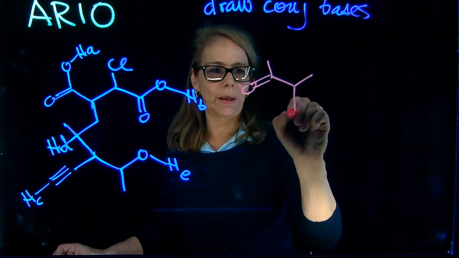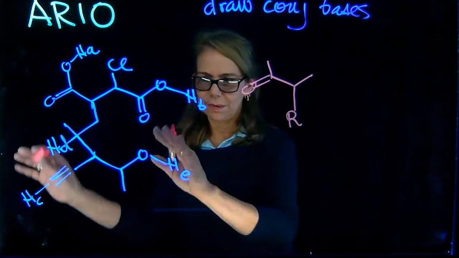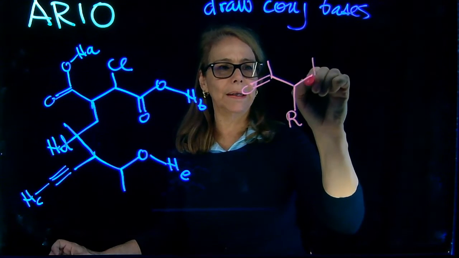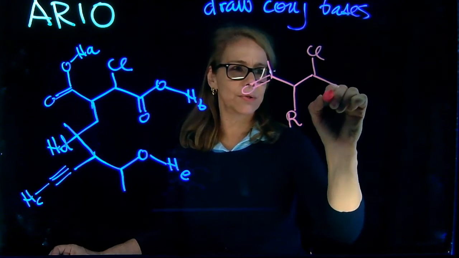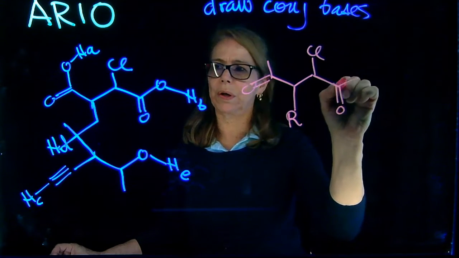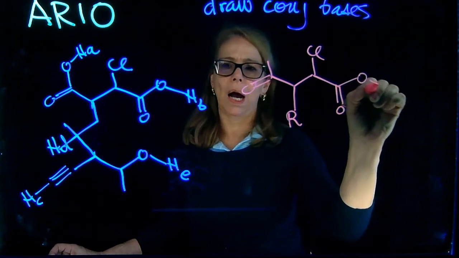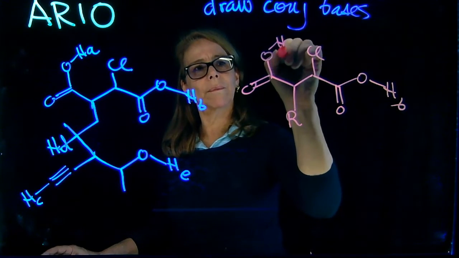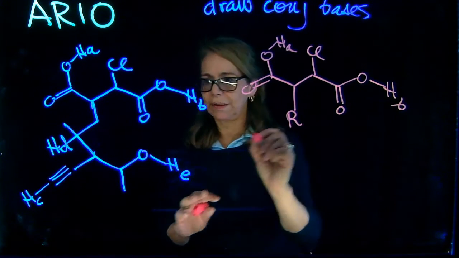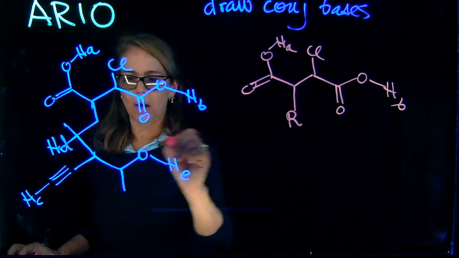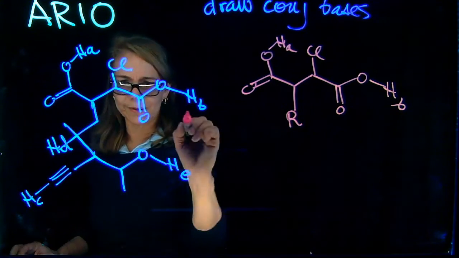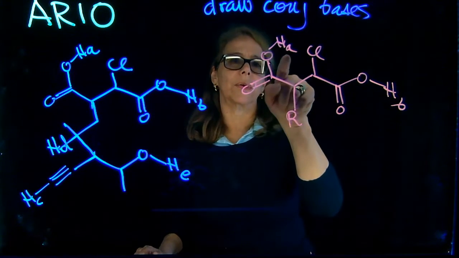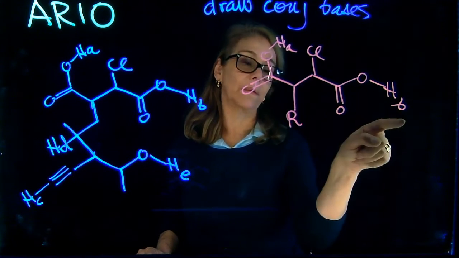I'm going to call everything in this part of the molecule R, and I'm going to analyze just this part where hydrogens A and B are. So it is the same, only that I have given R to all of this part below.